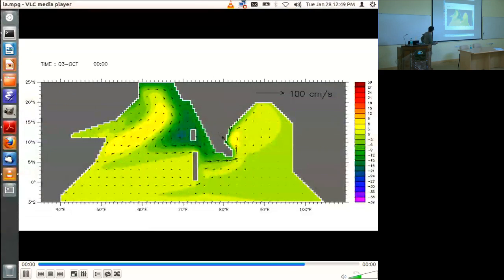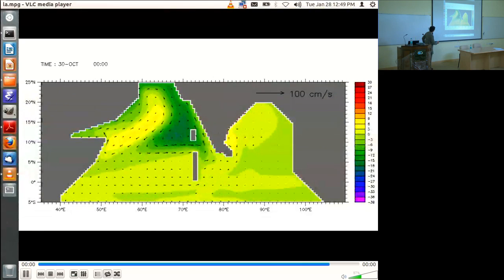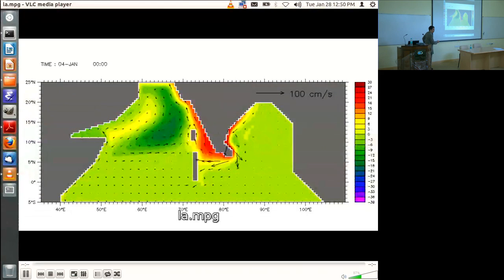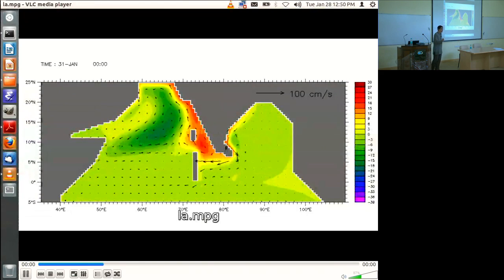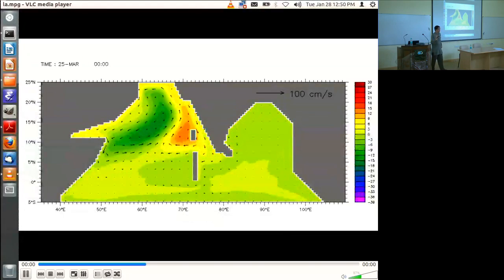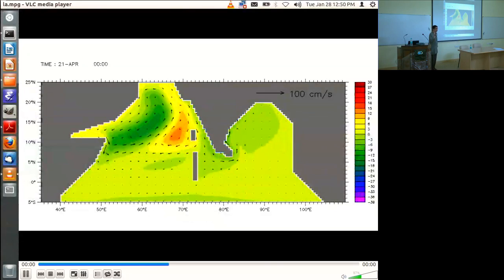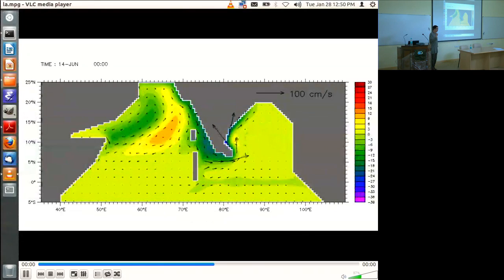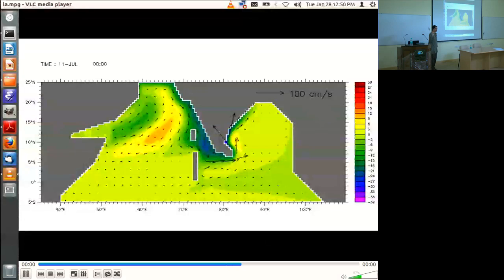This current will reverse direction. The wave always goes this way. The current associated with it is flipping direction. Just keep that in mind. The Kelvin wave is mostly traveling with the coast to the right in the northern hemisphere. But if there is a sinusoidal cycle there, the current will keep changing direction.